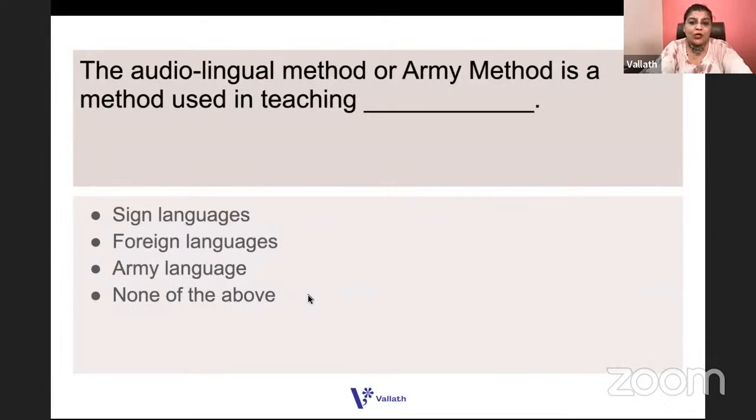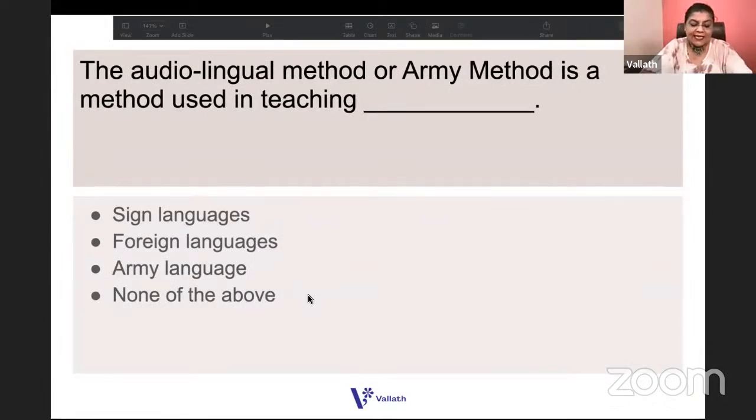The audio-lingual method. Yesterday I said that the audio-lingual method belonged to the period of the World War. That is why it is called the army method. What is it used to teach? Is it sign languages, foreign languages, army languages, or none of the above?